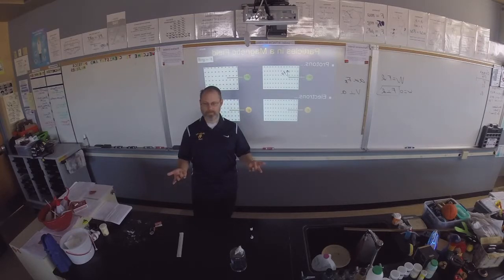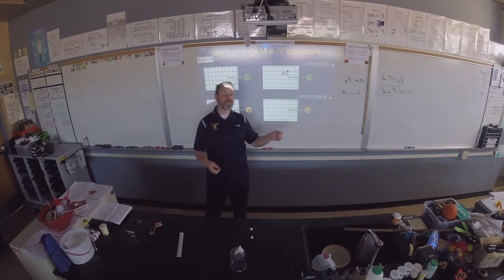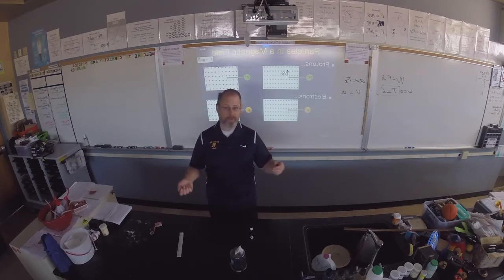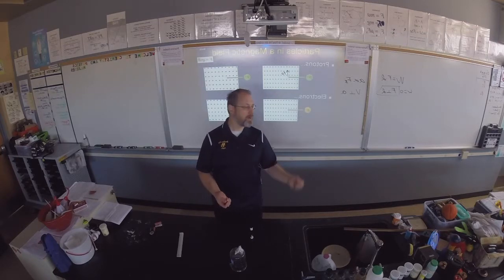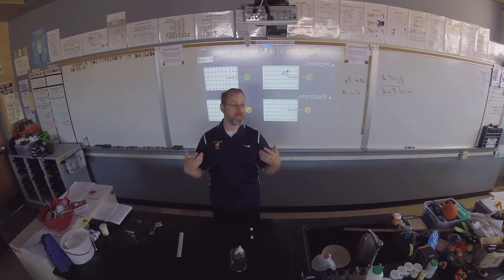The work done, via KE, kinetic energy. If the velocity is increasing, that means the kinetic energy is also increasing, which means there's work being done. If the work is zero, that means the kinetic energy has to be constant. And if the kinetic energy is constant, that means the magnitude of the velocity must also be constant.